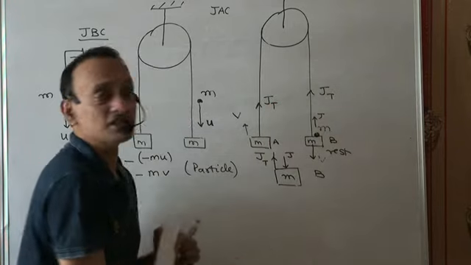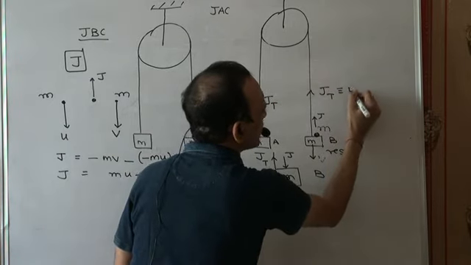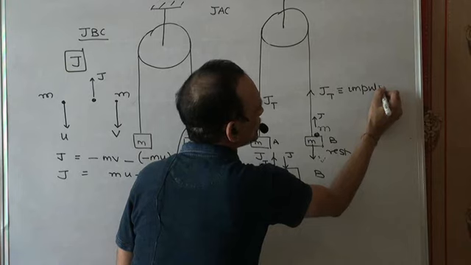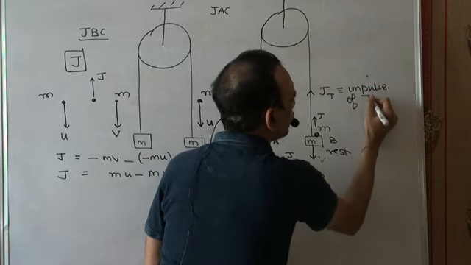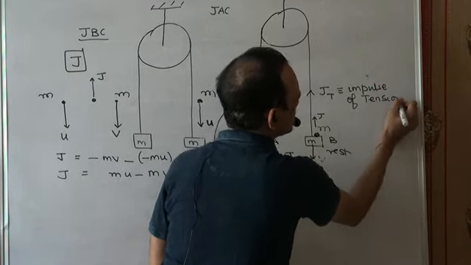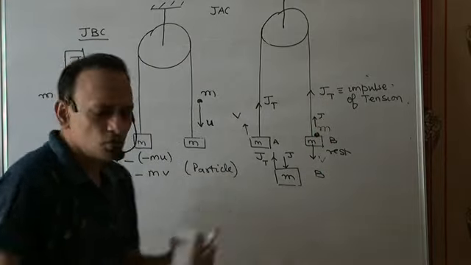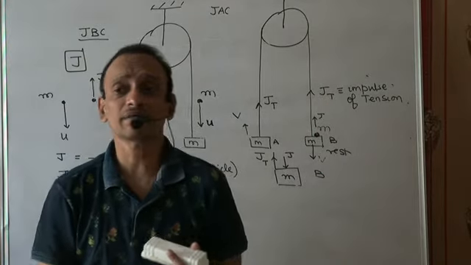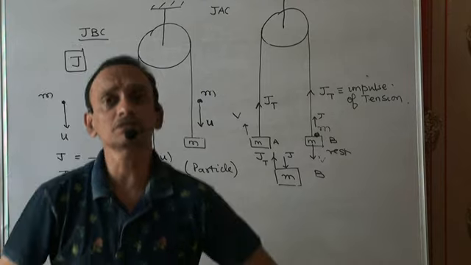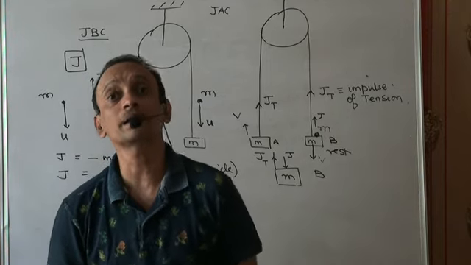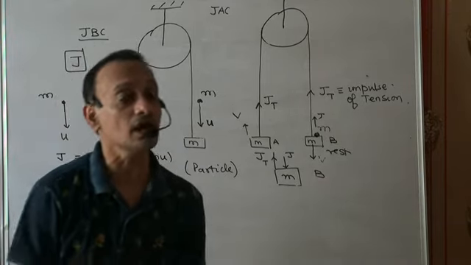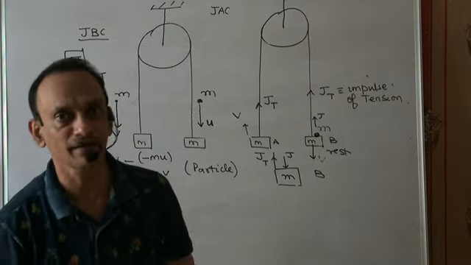Right? Impulse of tension. This is the impulse of tension built up in the string. Now, like I said, the impulse diagram for a particle or a system of particles can be drawn just like you draw a regular free body diagram for forces.